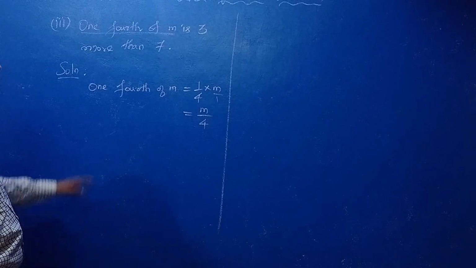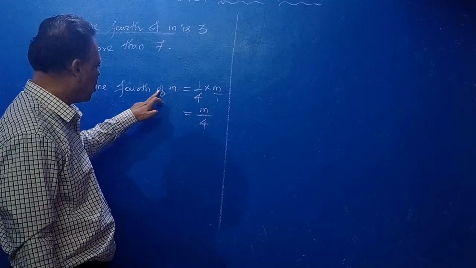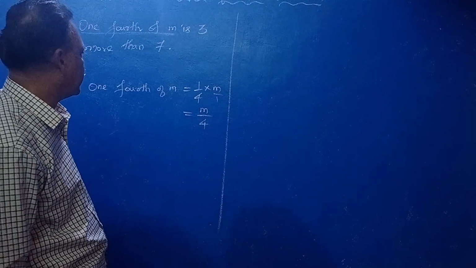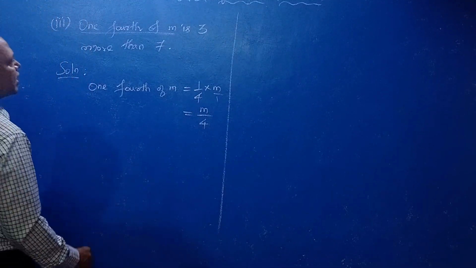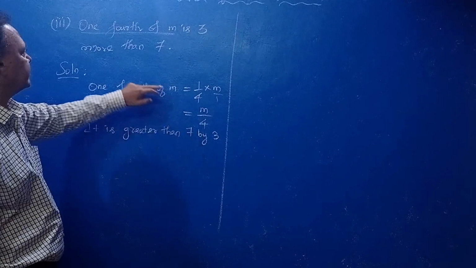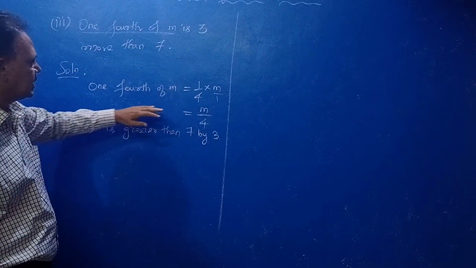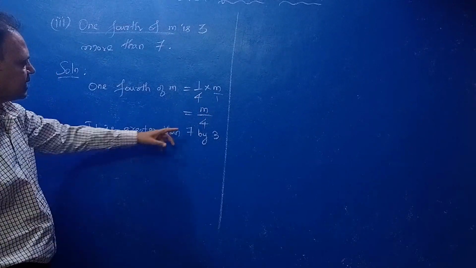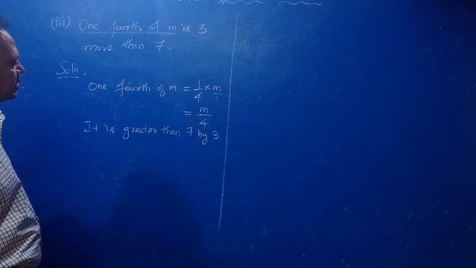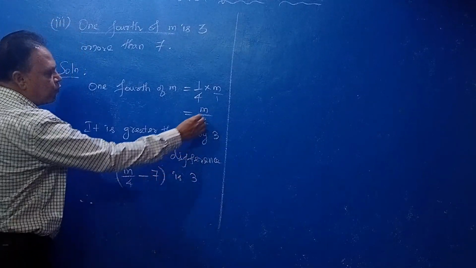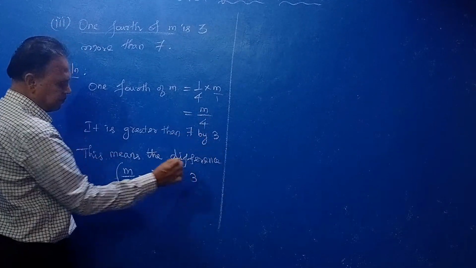Remember like that. 1/4 of m is 3 more than 7, which means 1/4 of m is greater than 7 by 3. So the difference, m by 4 minus 7, equals 3.